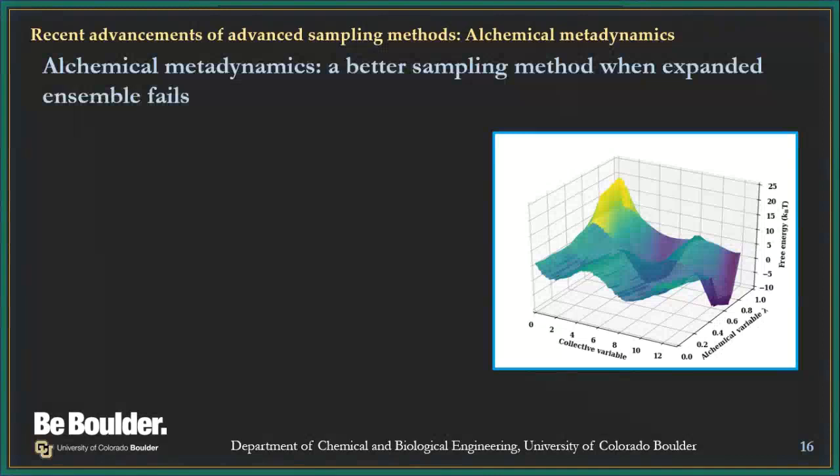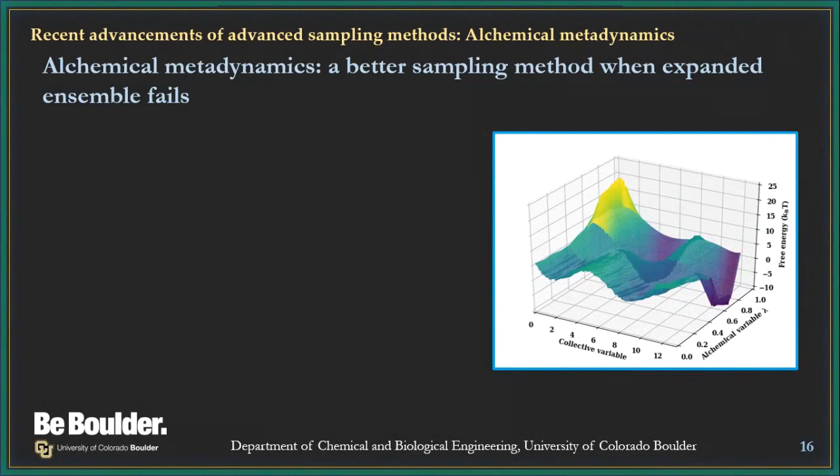However, expanded ensemble simulation also has its own drawback: the system could be trapped in the alchemical space if there is a very low free energy basin in that alchemical direction.